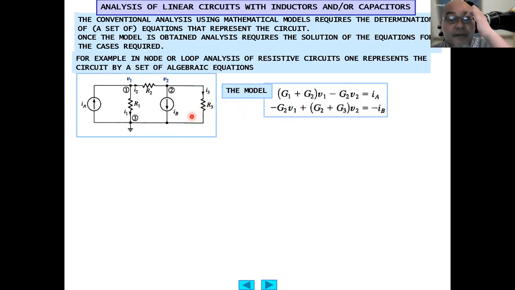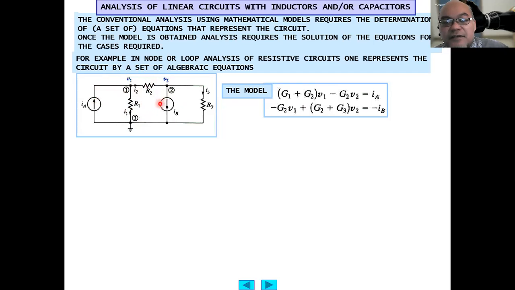For example, here we have learned how to solve a circuit having two independent sources: one current source IA, the other current source IB, and then R1, R2, and R3. We can model this using Kirchhoff current law. At the first node: (G1 plus G2) V1 minus G2 V2 equals IA.